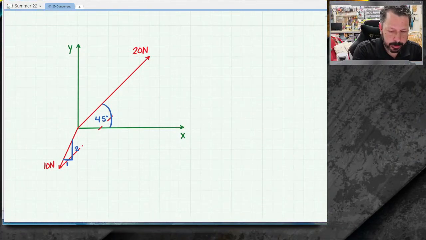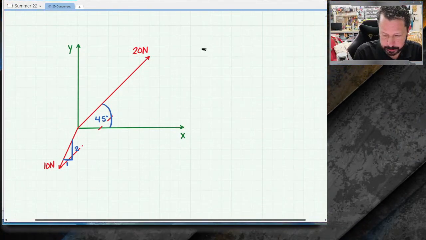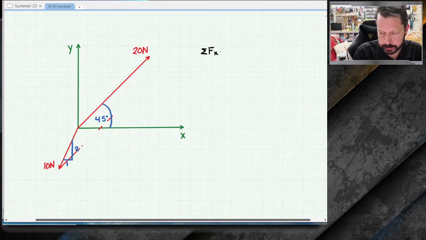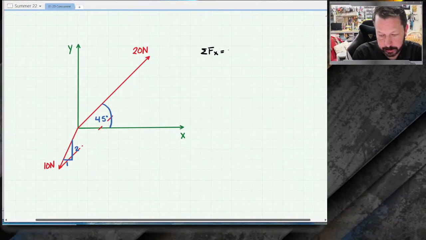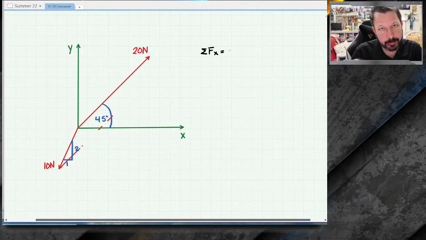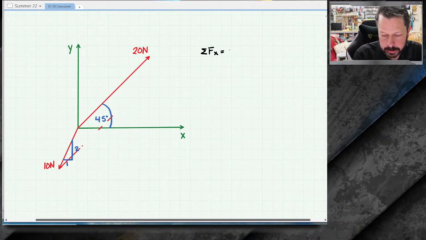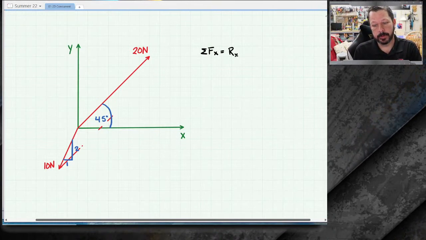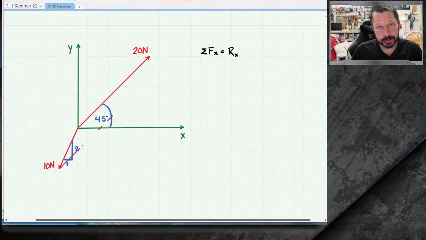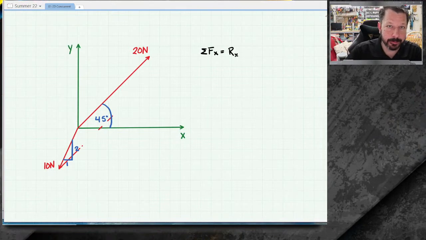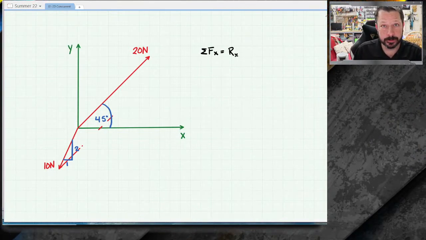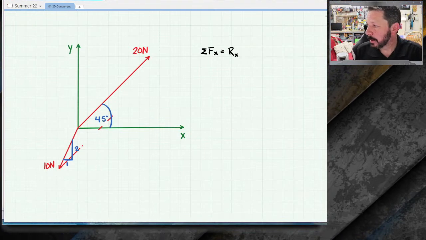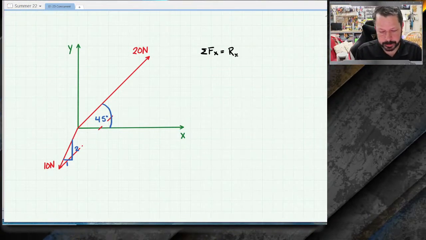Let's take our equation, summation of forces in the x direction equals something. Or in equilibrium, they equal 0. And here, they equal the x component of the resultant. When the x component of the resultant is 0, that's when we might be in static equilibrium. But this one is not going to add to that.